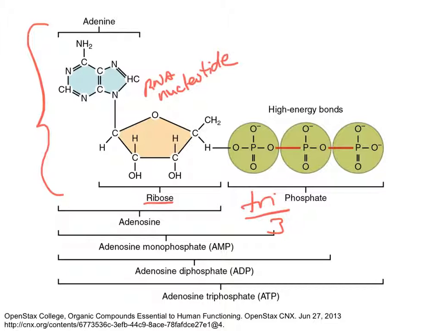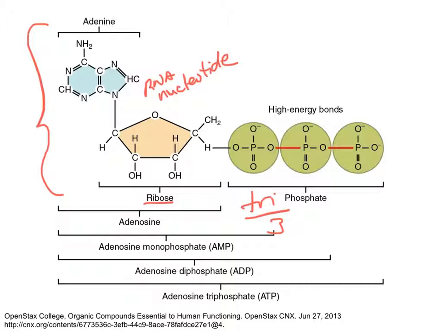Now, these last 2 phosphate groups, these extra phosphate groups on ATP, are joined by high energy bonds. That just means that it takes a lot of energy to attach those phosphate groups onto adenosine. This last phosphate group in particular really doesn't want to be there, and it releases a lot of energy when this last phosphate group is removed.